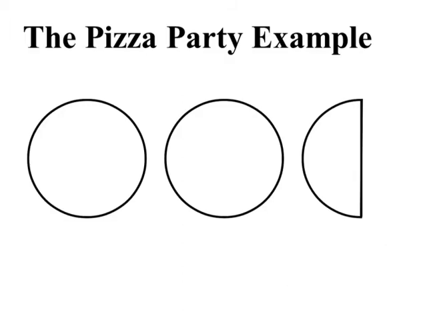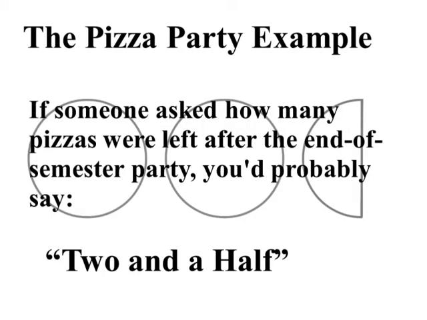Let's say we try an example. Pretend you just threw an end of the semester party and you had this many pizzas left over. If someone were to ask you how many pizzas you had, you'd probably say 2 1/2. That's a mixed number.